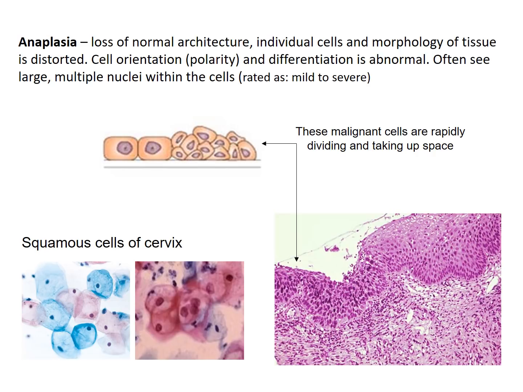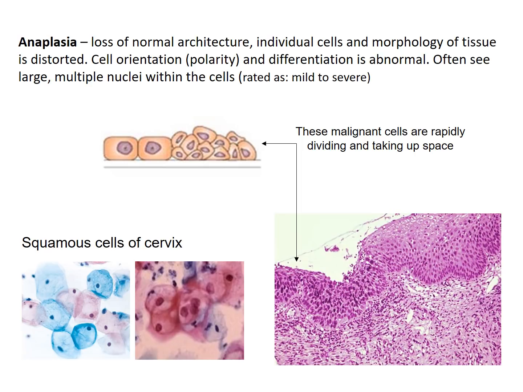So again, going back to the cervix, here we can see what normal squamous epithelial cells of the cervix look like on the left picture. Now take a look at this Pap smear. Can you see both the normal squamous cervical cells and other cells in there that just don't look right? The other cells that just don't look right are the anaplastic malignant cells. And then in the actual biopsy, again, take a look.